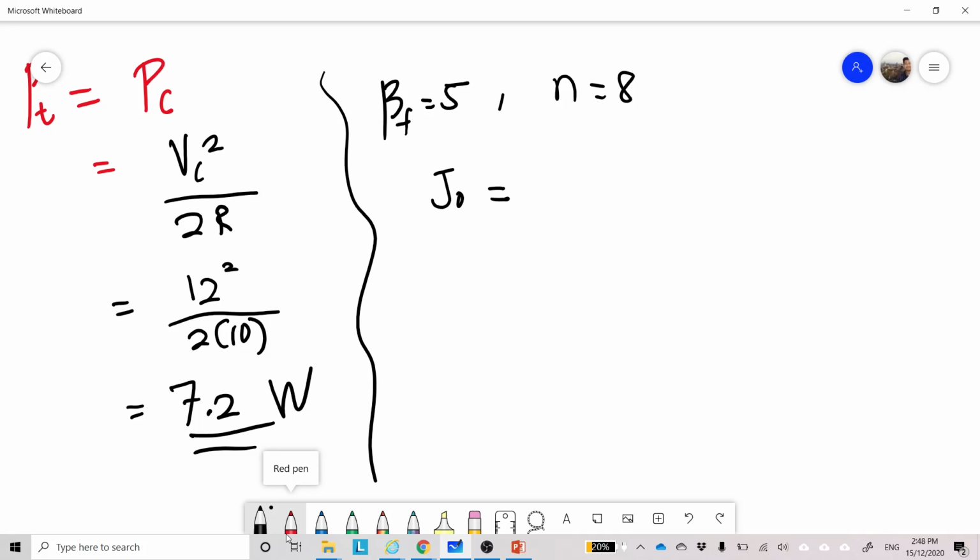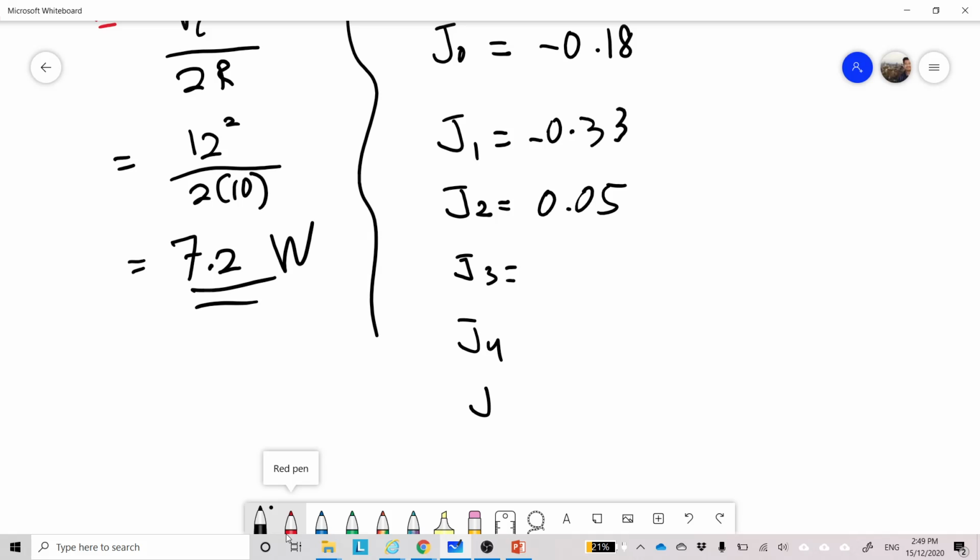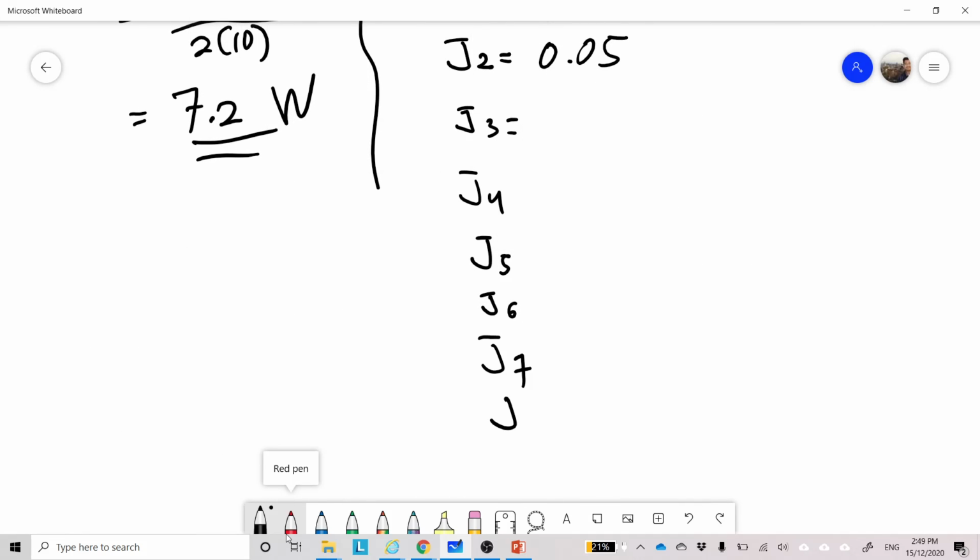J0 is equal to negative 0.18, and then J1 is equal to negative 0.33, okay, and then J2 is equal to 0.05, and then J3, J4, J5, J6, J7, J8.